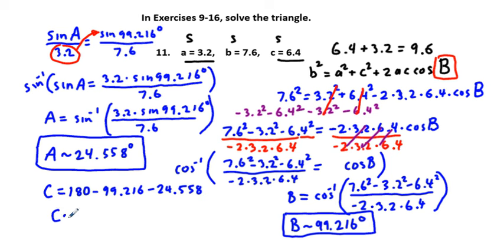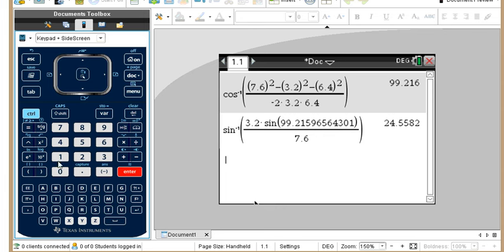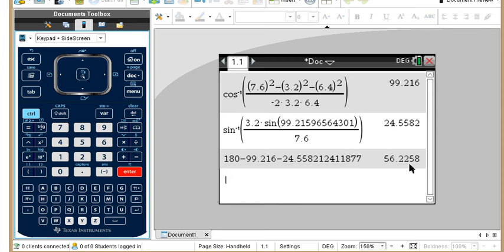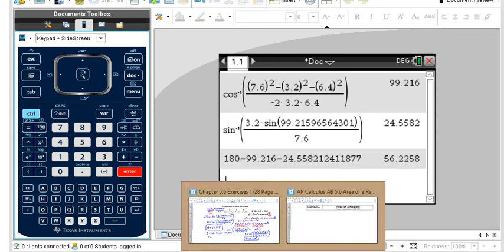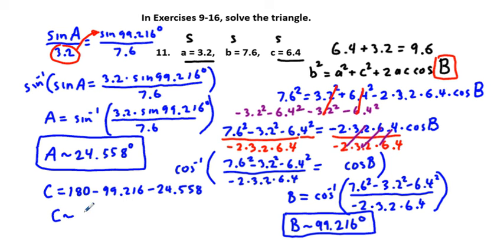So C is going to be equal to, we go to our calculator again, we have 180 minus 99.216 and minus, I'm going to go Control ANS, last number calculated. So for this we have 56.226 degrees.